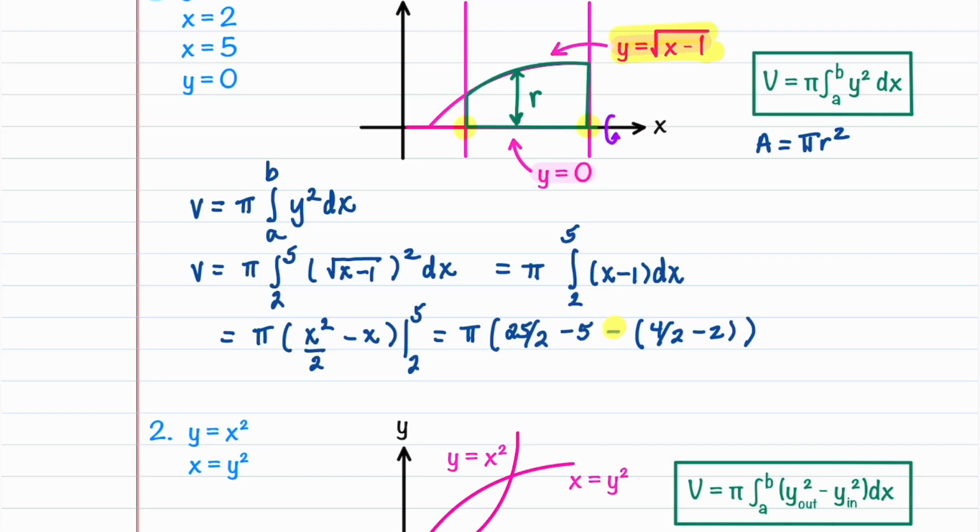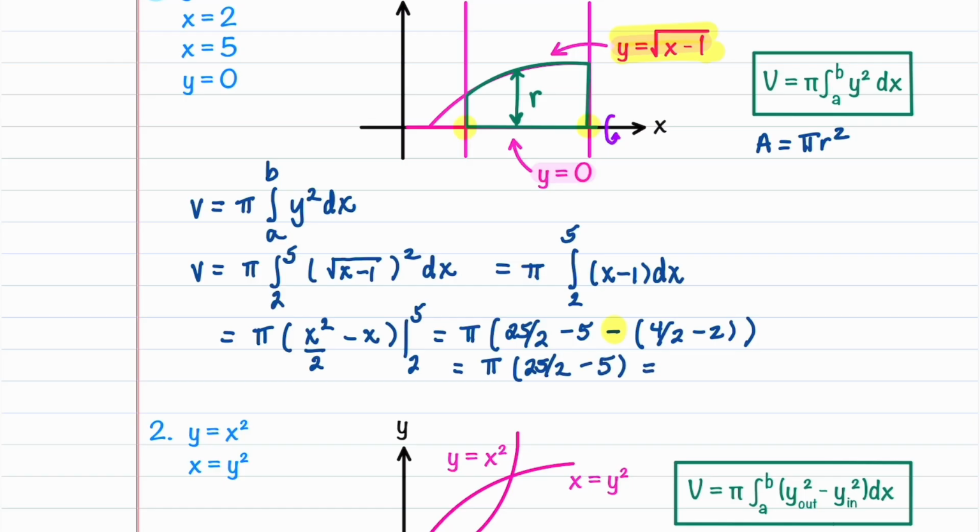I always write it like this so I don't forget to take that negative and multiply it through to both terms. Let's see what this gives us. This is equal to pi times 25 over 2 minus 5 minus 2 plus 2, so that's just minus 5.